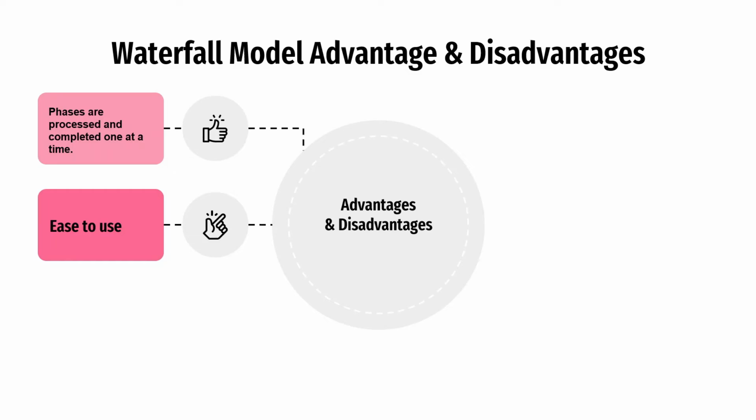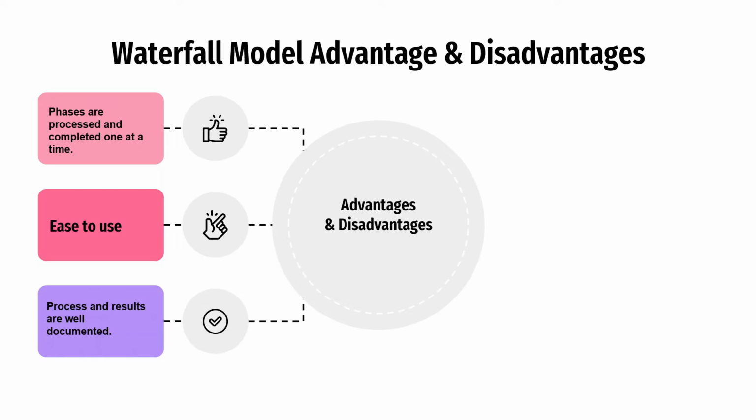Easy to use. We learned it, right? Since everybody is clear about what they are going to do, it is easy to use. And process and results are well documented. In waterfall methodology, everybody has to do their documentation part. I'll be covering a new video on that. When a developer gets their requirement, they have to create a plan, a strategy for what they are going to develop.